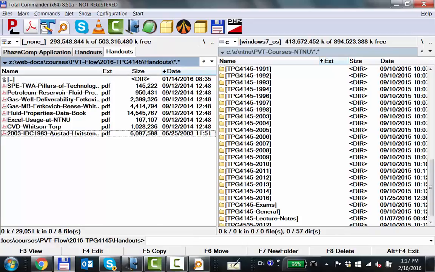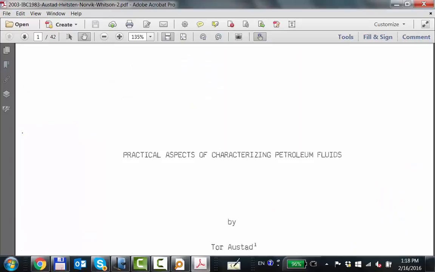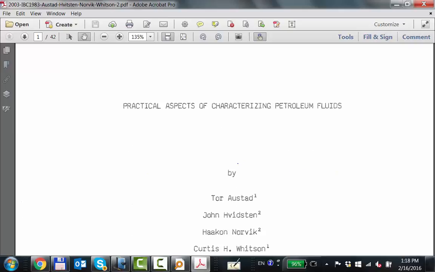Okay, it's this paper by Tor Ostad and some other folks, called Practical Aspects of Characterizing Petroleum Fluids, and it talks about the methods of doing compositional analysis.